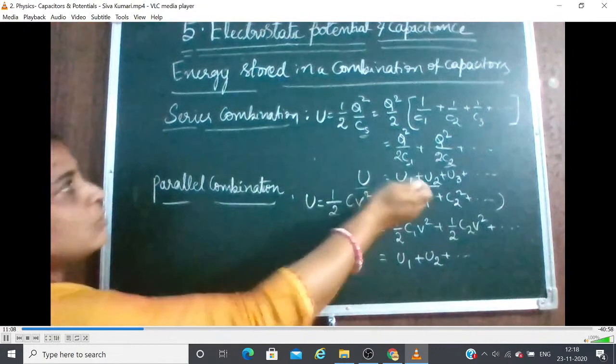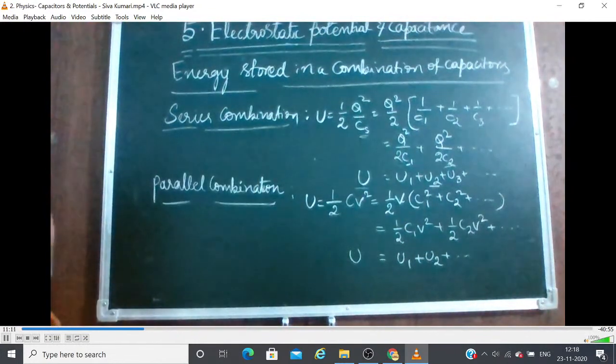And this is about the series combination. That means the total energy stored in a combination of capacitors in series is equal to the sum of the individual energies of the capacitors.